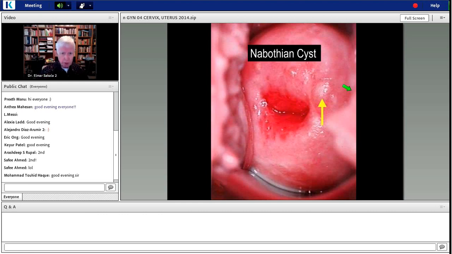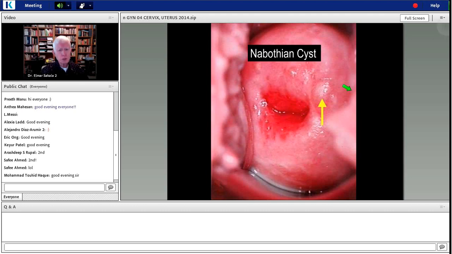And here you can see with the yellow arrow, the bulging out of the Nabothian cyst. Now you can see that the reddish area, which is the endocervical canal, is lined by columnar epithelium. That's the columnar epithelium. There you can see the squamocolumnar junction, which is where the red and the pink come up.